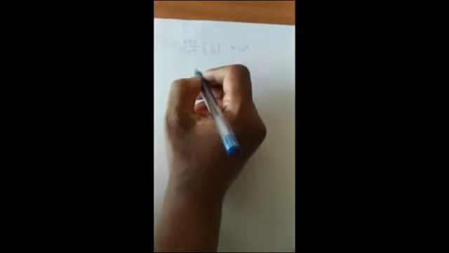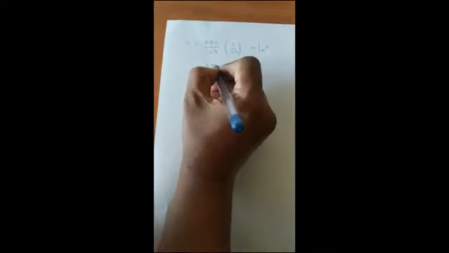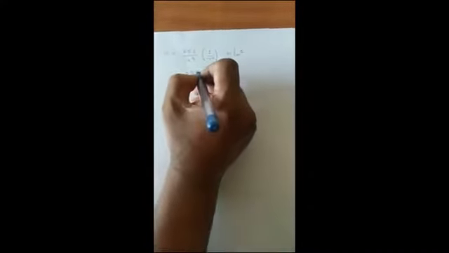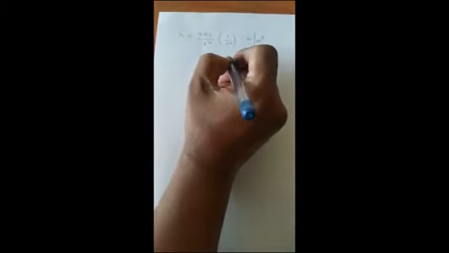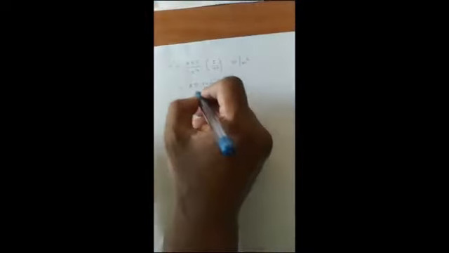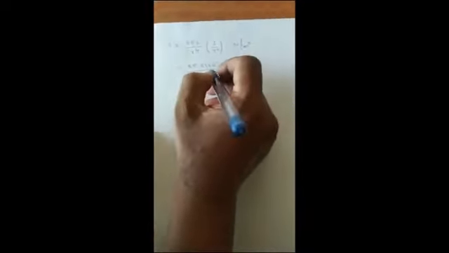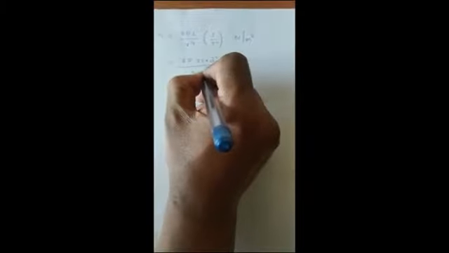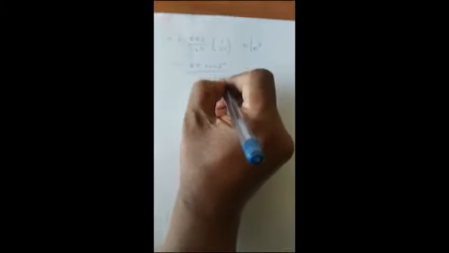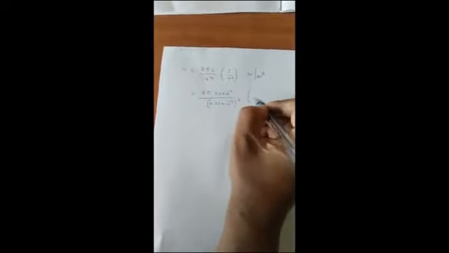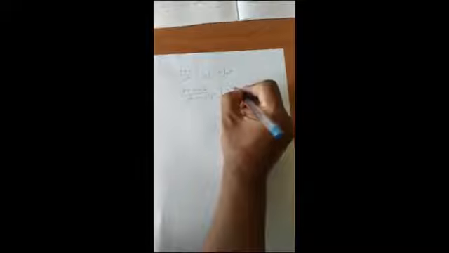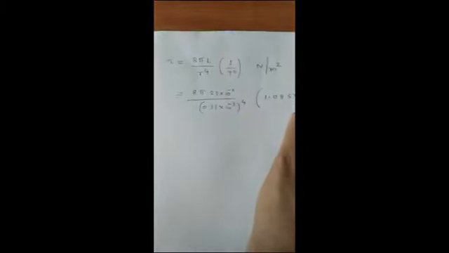Now I am going to substitute the values here: 8 pi into L, 23 into 10 to the power of minus 2 meters, divided by R, which is 0.31 into 10 to the power of minus 3, whole to the power of 4, and the value of I by T square is 1.085 into 10 to the power of minus 4.